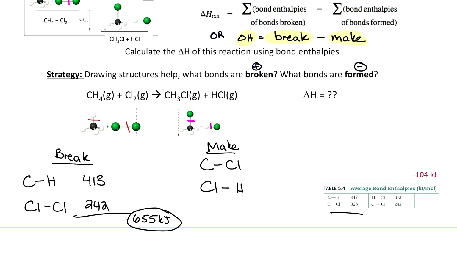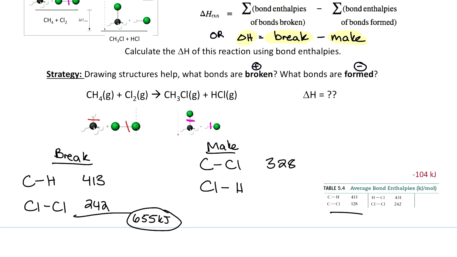So then we look at our table over here. Carbon-chlorine is what? 328. Chlorine-hydrogen, that's hydrogen-chlorine, but same thing, 431, right? So the energy that came from when we made these new bonds is 759 kilojoules, right?